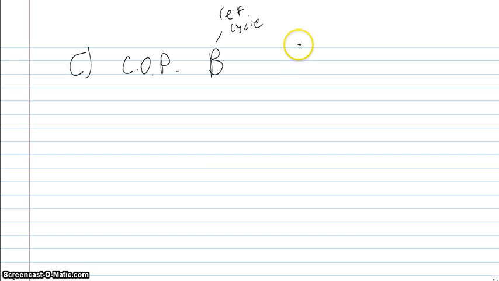Alright, so now we're going to find the coefficient of performance, COP beta. Beta is only in the refrigeration cycle. Alright, so beta equals Qn over net work. Now, from the other things, we already found net work.